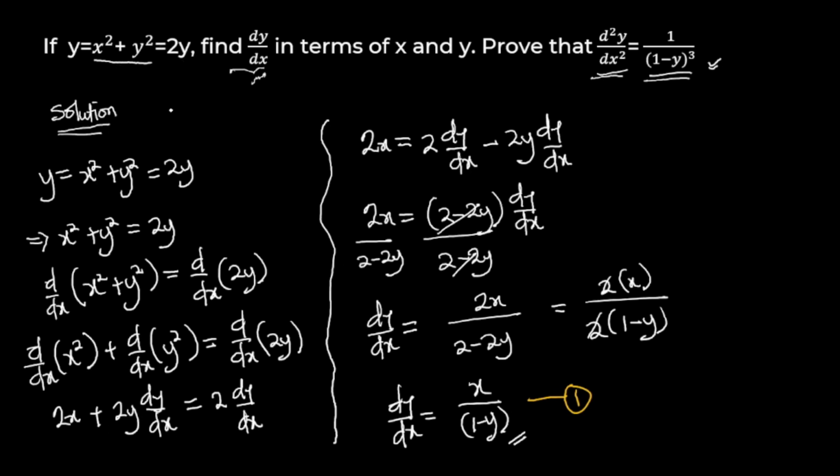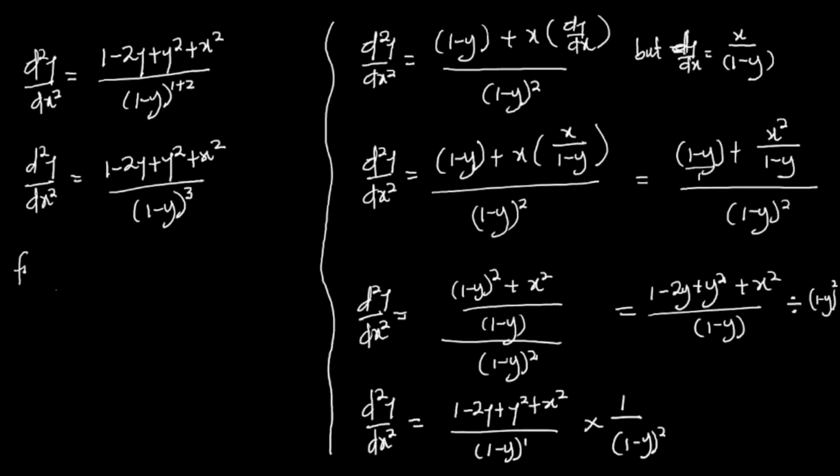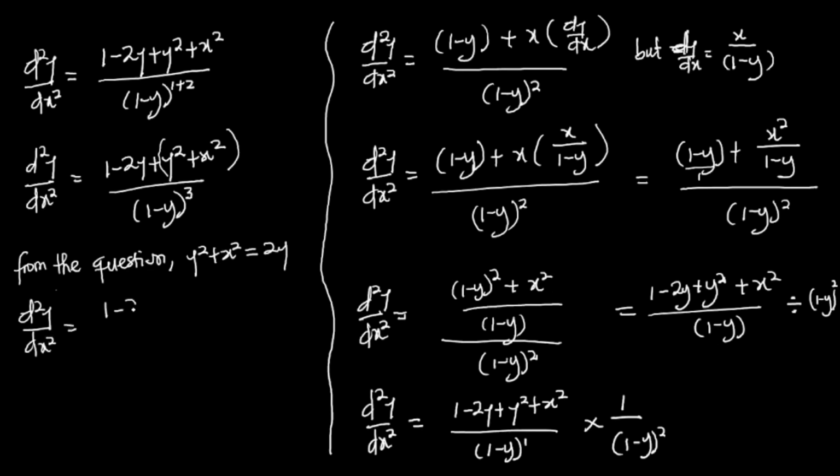Are we okay? So we know from the question, y squared plus s squared is equal to what? 2y. So it means this guy over here is equal to 2y. So if we do that substitution, we are going to have 1 minus 2y.